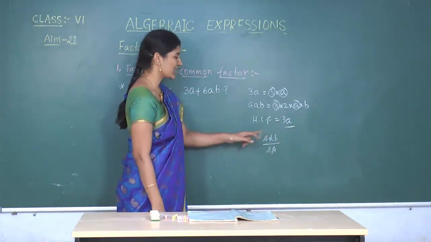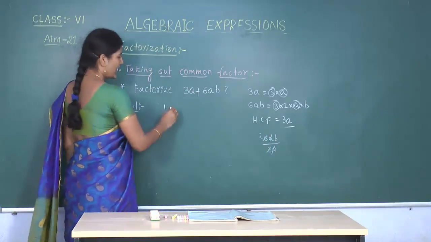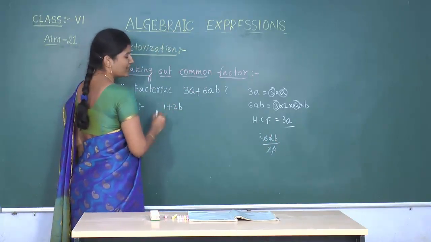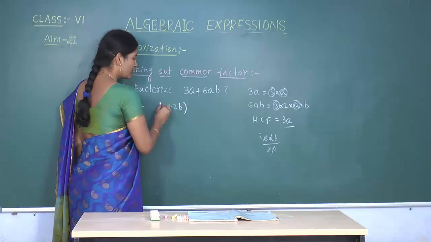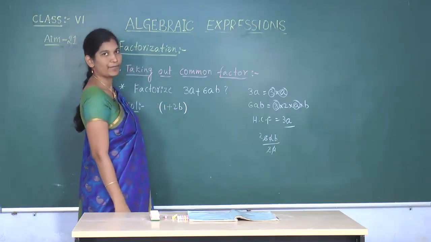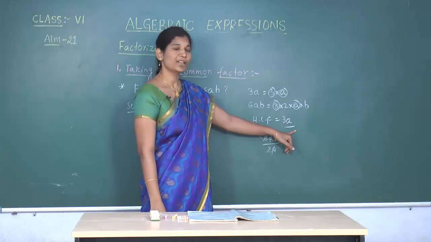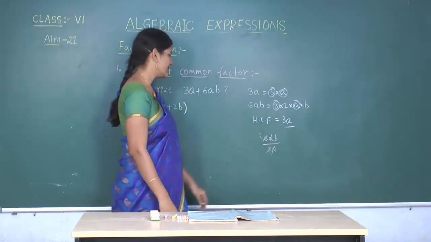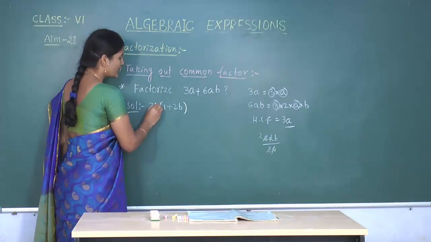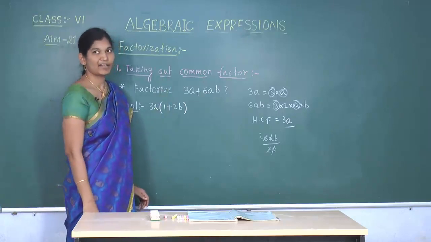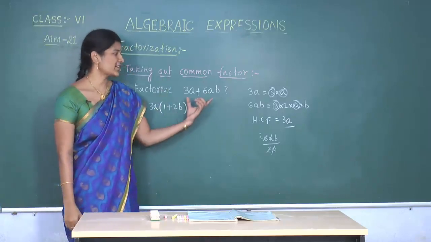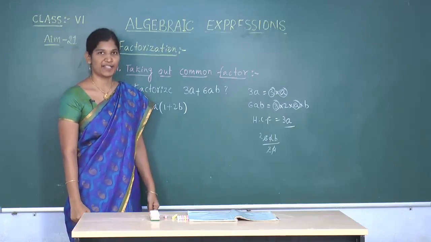The coefficient of the second term is 2b. You have to write this and enclose them in brackets. The HCF of our expression is 3a, and you write 3a before the bracket. In this way you can factorize the given algebraic expressions.